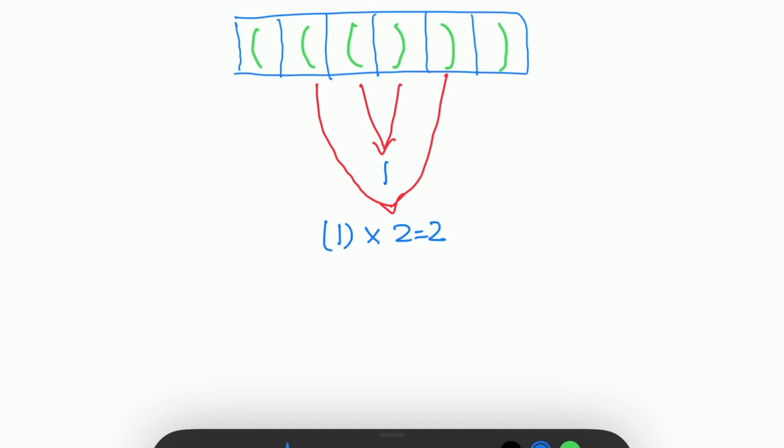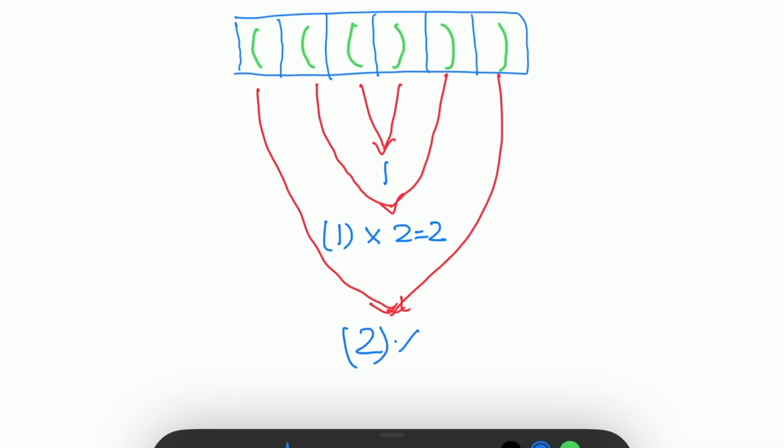And if we calculate the outermost parenthesis, we have already value 2 for the inner parenthesis, and we are multiplying with 2 again as this is nested, so the value is 4.